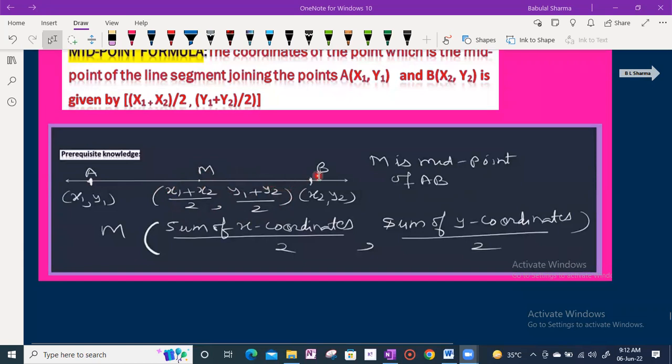That means the sum of the x coordinates divided by 2, and the sum of the y coordinates divided by 2.